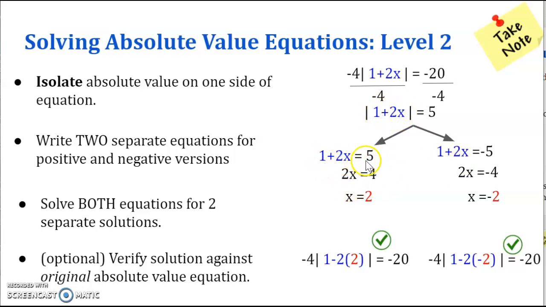I subtract 1 from both sides and I get 4. 2x is equal to 4, divide both sides by 2, and you get x is equal to 2. Same thing here, I subtract 1 from both sides and I am left with negative 6. Then divide both sides by 2 and I get negative 3. So that's how you would do it.